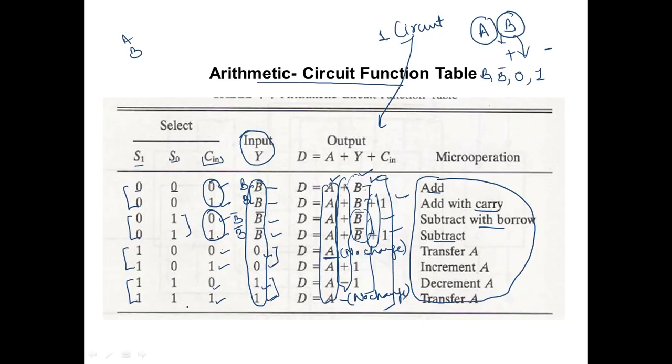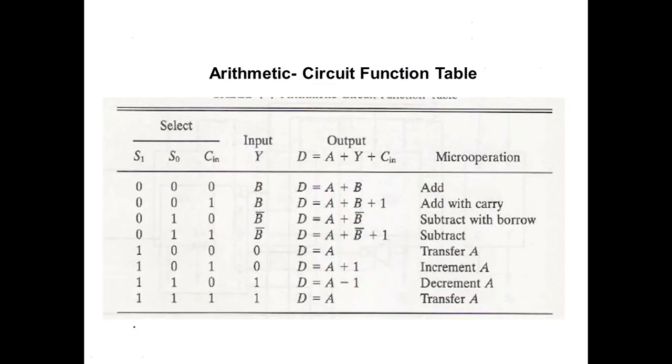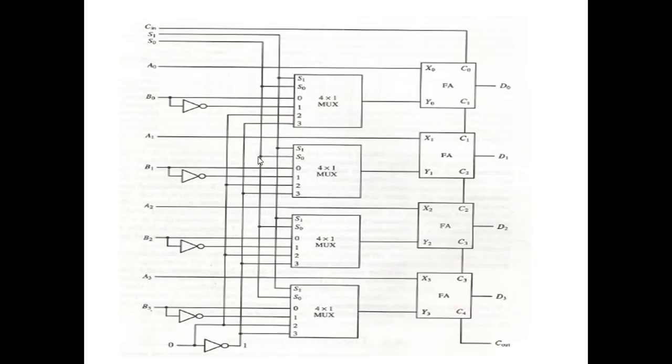So let's understand in detail how this entire arithmetic circuit's function table can lead me to the circuit diagram. So this is the full-fledged circuit diagram. The first thing I need to understand here is that there are only four operations.